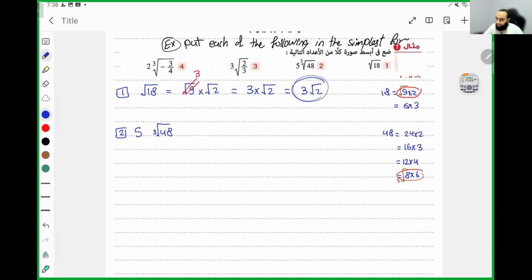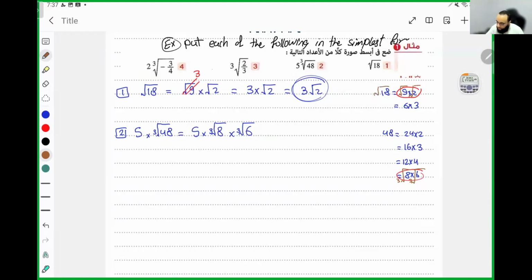Is it clear? Yes. So I keep the 5 itself. It's 5 times cubic root 48. So right now I'll get rid of the cubic root 48. I'm writing instead of it cubic root 8 times cubic root 6. It's cubic root with cubic root, just as there was square root with square root here.